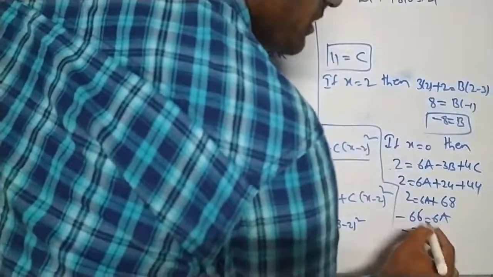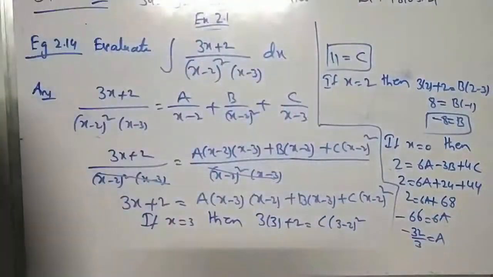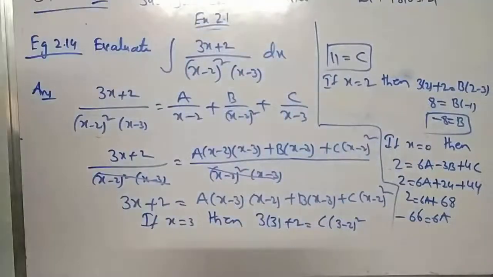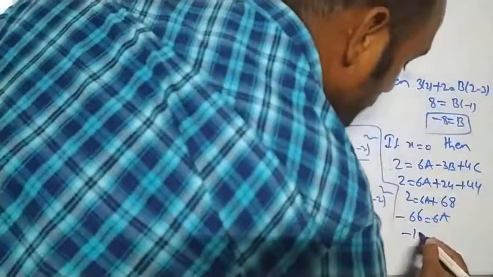Here it will be 2 minus 68, so we are going to get minus 66 equals 6a, so a is minus 66 by 6, which is minus 11. So a value is minus 11.